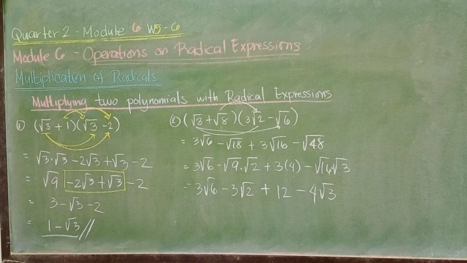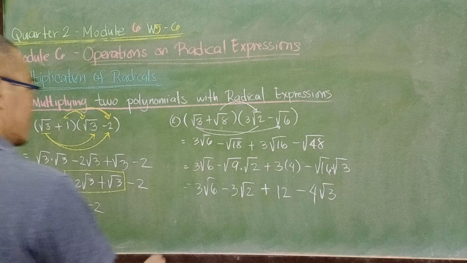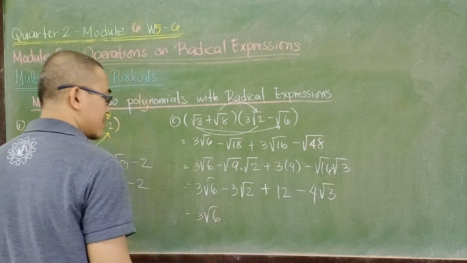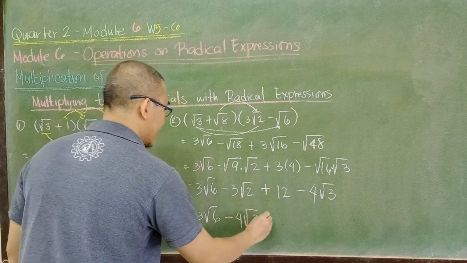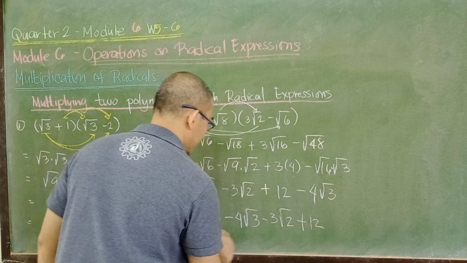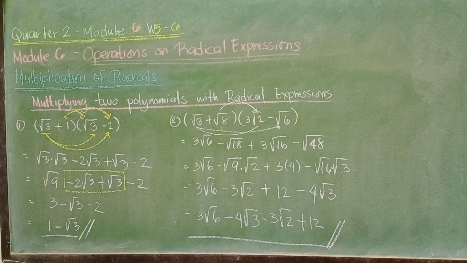Now I suggest na yung mga numbers, i-write mo sila from highest radicand to constant yung 12. So mauna yung 3 square root of 6, and then minus 4 square root of 3, and then minus 3 square root of 2, tapos plus 12. I suggest na ganyan mo sila isulat.